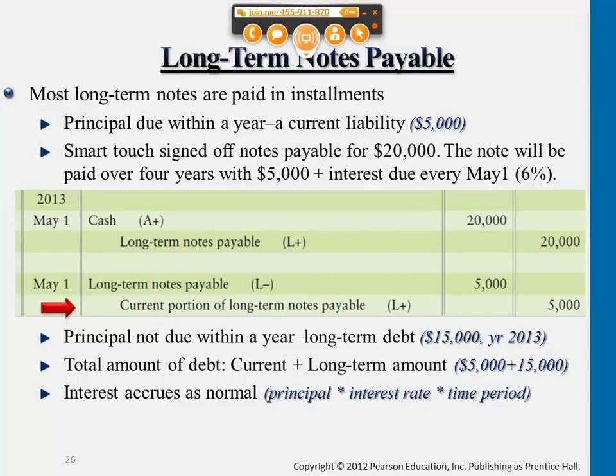If the note is paid by installments, an equal amount every single year, then the part that will be due immediately next year we reclassify into the current portion of long-term notes payable. This is actually a short-term liability account.